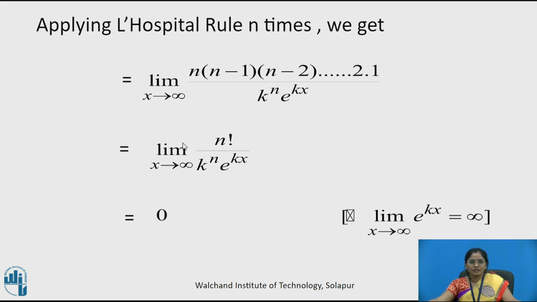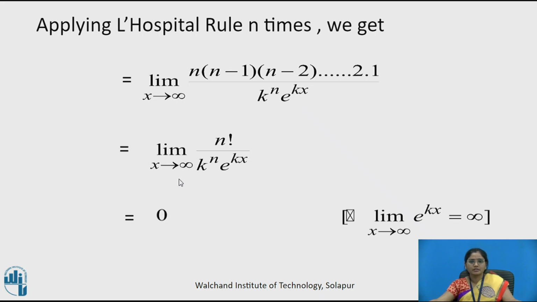Simplify this. You know that this is the definition of n factorial. That is n into n minus 1 into n minus 2 into so on 2 into 1 gives you n factorial. And the denominator k raised to n into e raised to kx.